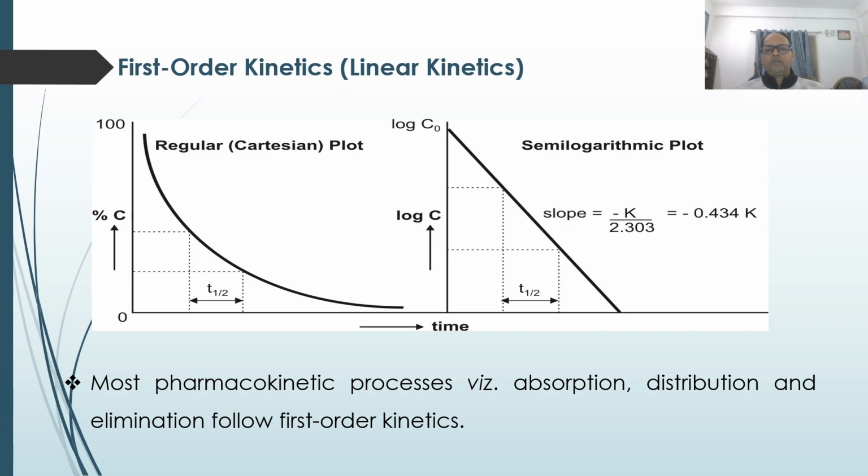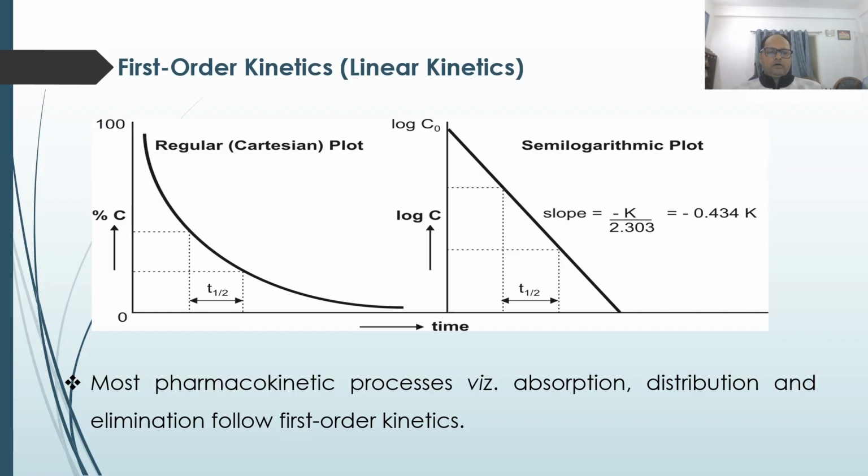So when you plot log C versus time, you will get a straight line, and there will be a constant decline in the plasma drug concentration. The slope is minus k divided by 2.303, or you can say 0.434 k, and the y-intercept is log C0.